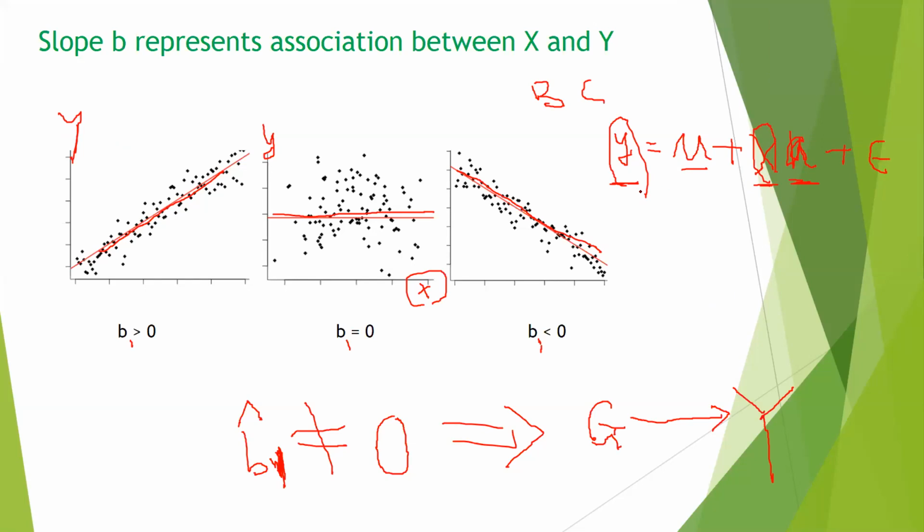Using this model, we test whether this slope, a, is equal to 0 or not, just like these three situations, right?